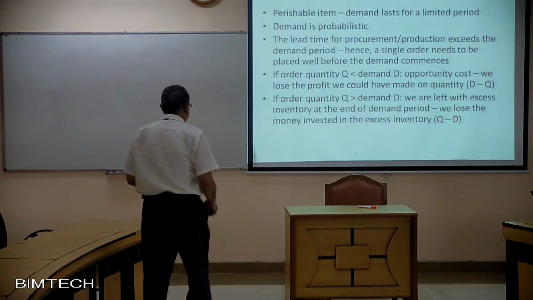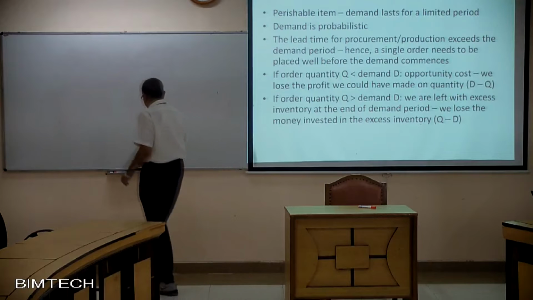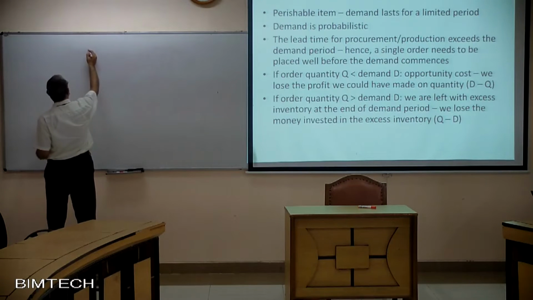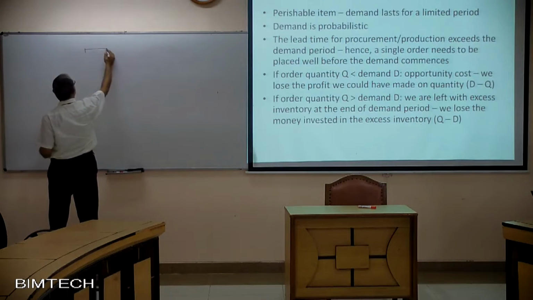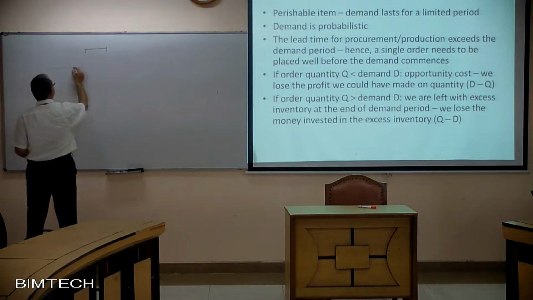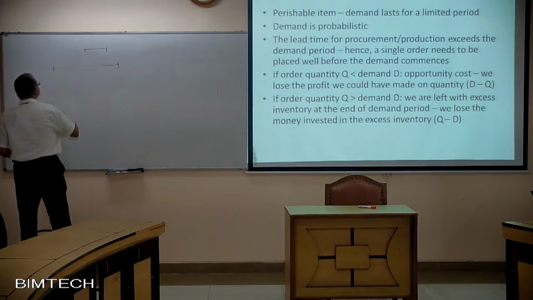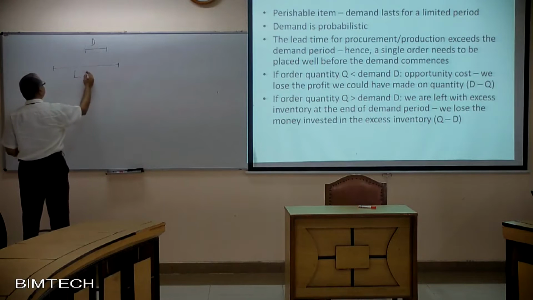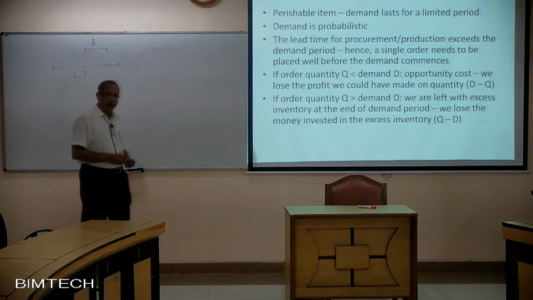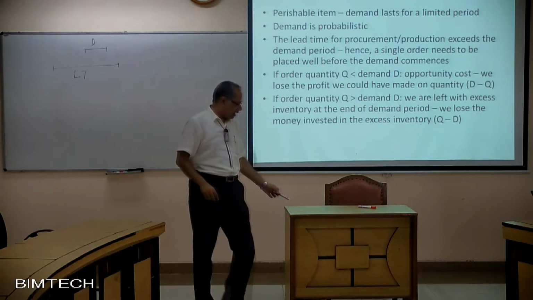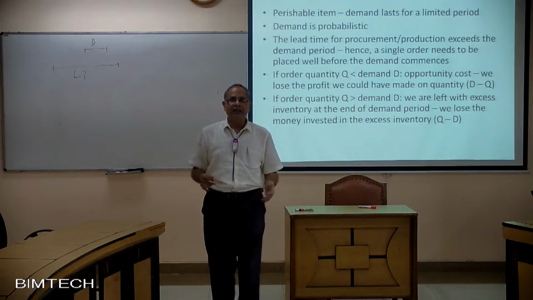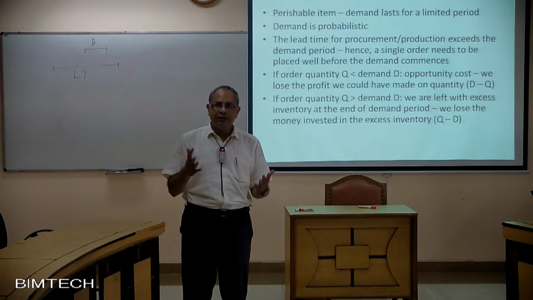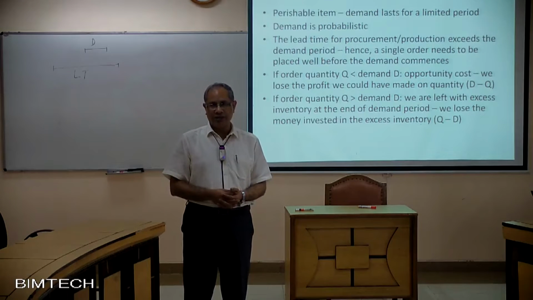Let me very briefly draw this qualitatively. If this is the demand period, and this is the lead time for procuring or producing the item, you can see that the latter is far, far greater than the period for which the demand exists.